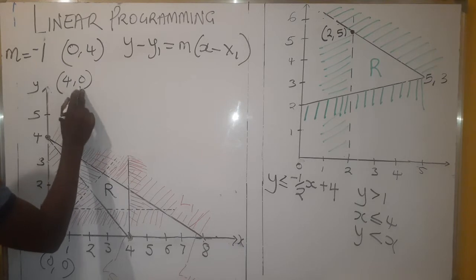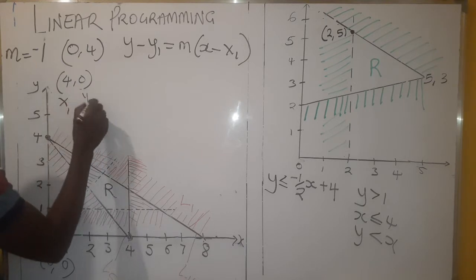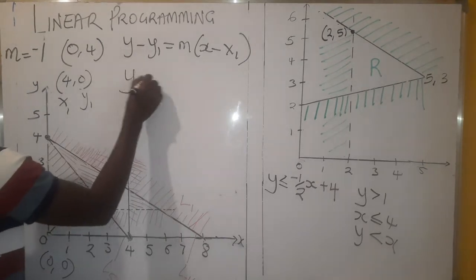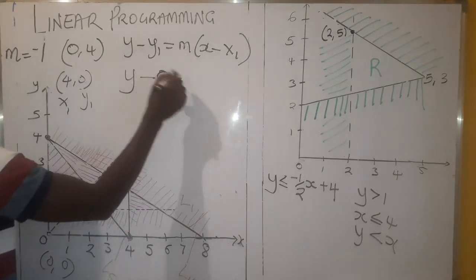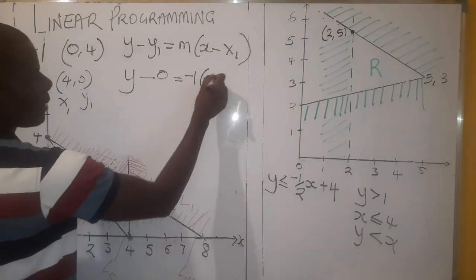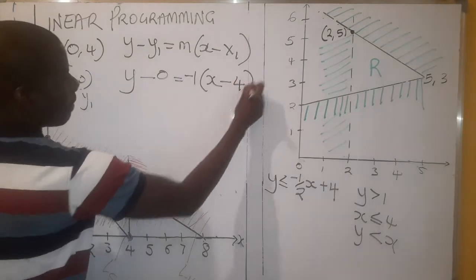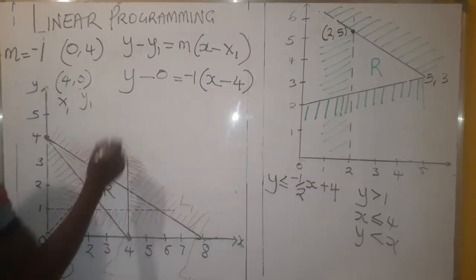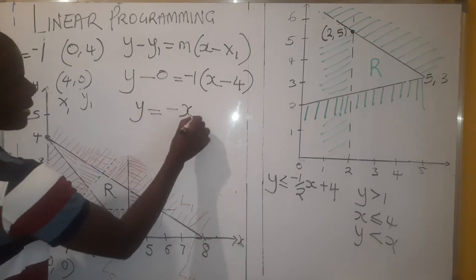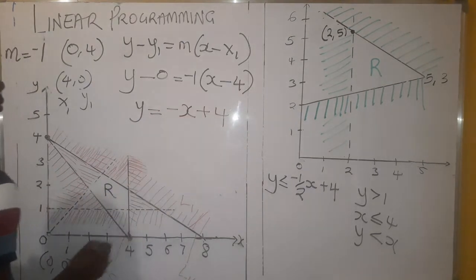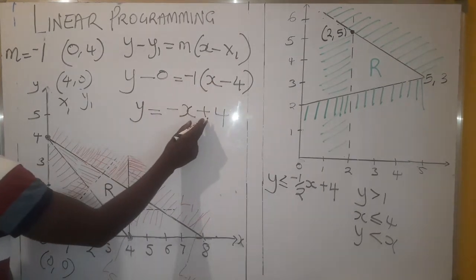If we pick the second one, our x1 is 4 and our y1 is 0. So we say y minus our y1, which is 0, is equal to our gradient, which is negative 1, open brackets, x minus 4. Are we together? Then we have y is equal to minus x plus 4. This minus and this minus, we get a plus.